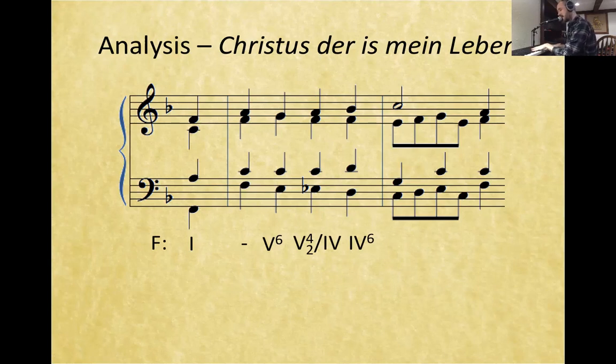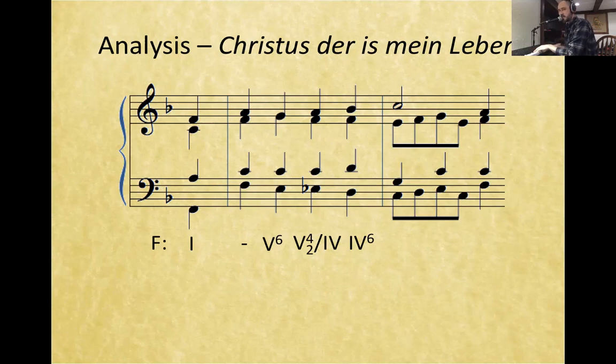So this is a 5/4/2 of 4, which goes to a 4/6, right? B flat, D, F, right? So really, really luscious progression. 1 to 5/6, and then the leading tone, instead of resolving up, moves downwards to become the 7th, 5/4/2 of 4, which gets us to the 4/6 chord.